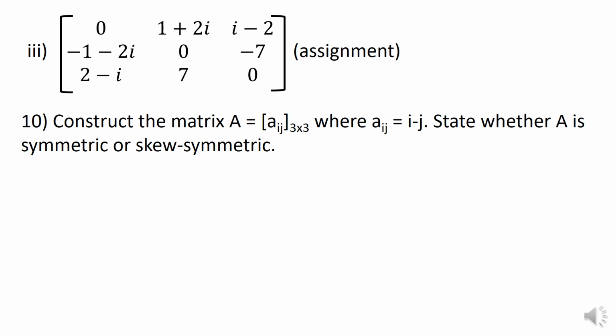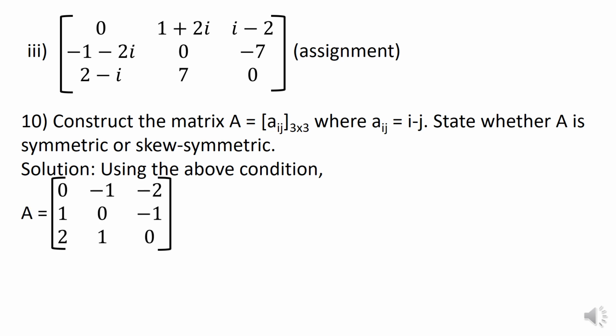So first of all, using the given condition, that is Aij is equal to i minus j, we get the given matrix as so, where what have we done over here? We have found out A11, the first row, first column element, by doing 1 minus 1, that is i minus j.